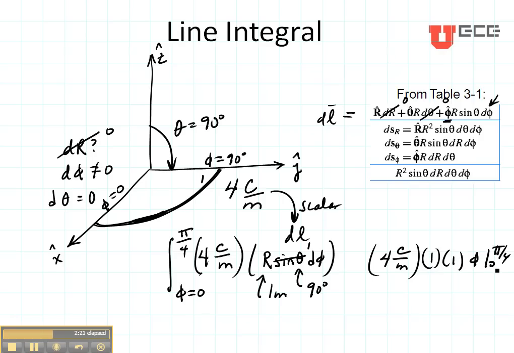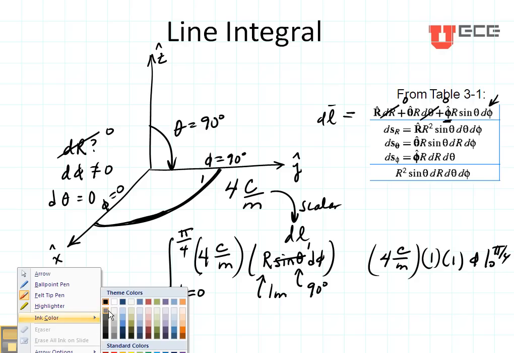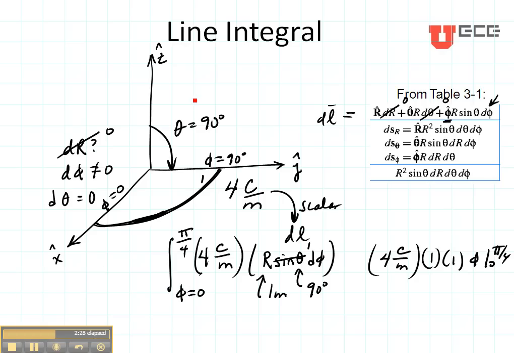Now what would have happened if I had had a different shape instead? What if instead of being that arc, what if I had been this arc? In that case, dr is still equal to 0, d phi is equal to 0, and d theta is not equal to 0.